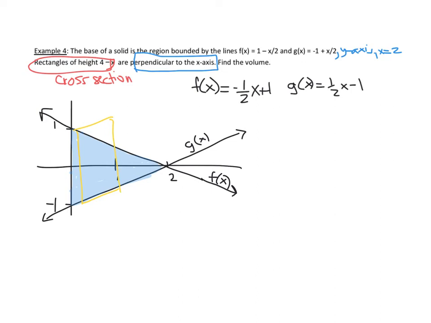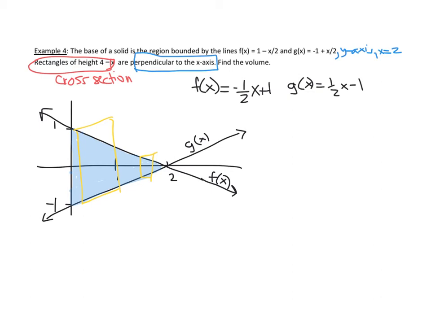What they're actually saying is depending on what your x value is, depends on the height that you have. So the rectangle that I have there drawn in yellow is going to have a bigger height than the rectangle right here. That one's going to be a little bit smaller, so it's going to vary, which is fine.